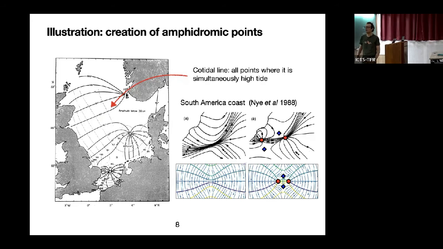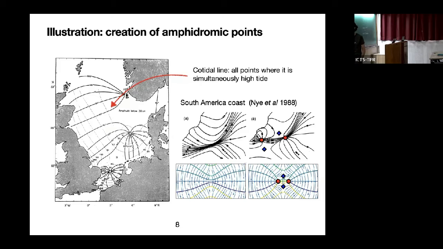And of course, this is, if you want, a wave, and as it propagates, it will create some flow. And if you take the perpendicular line here to the co-tidal line, you will get some kind of vortices, if you want. And the nice thing is that between two amphidromic points, you can notice here a saddle. It's hard on this picture to see the saddle.